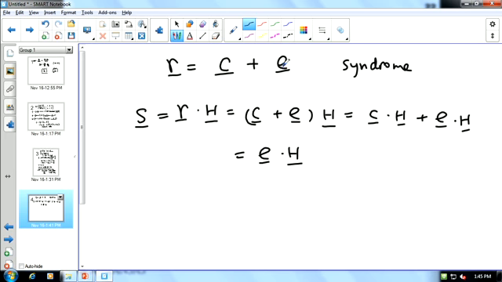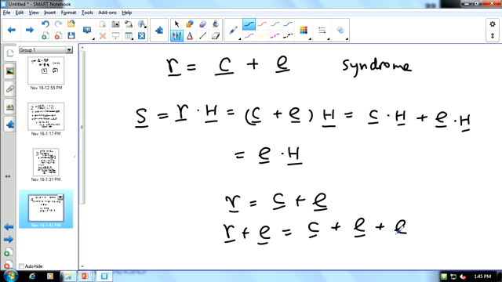And if we know E, keep in mind everything is binary, R equals C plus E, so we just add E, and since E is binary, E plus E is just 0. We recover the original code word. Once we find C, the first k bits will be our information, and that's it.